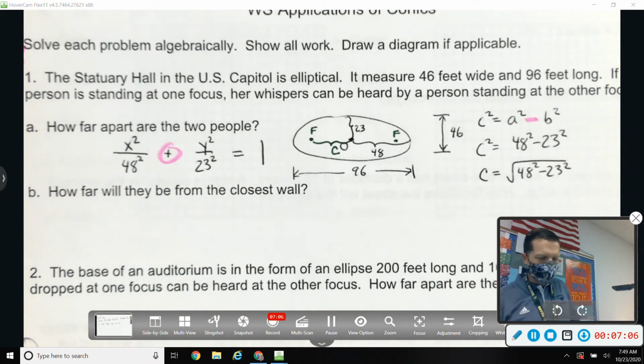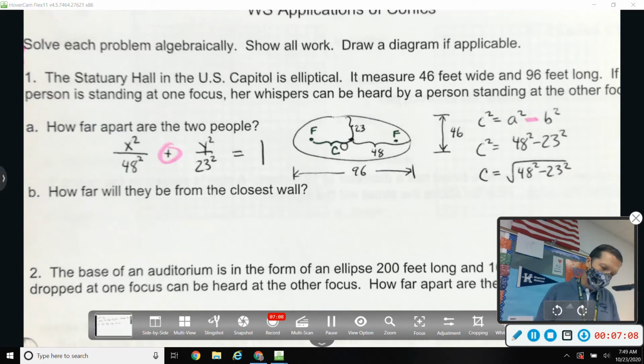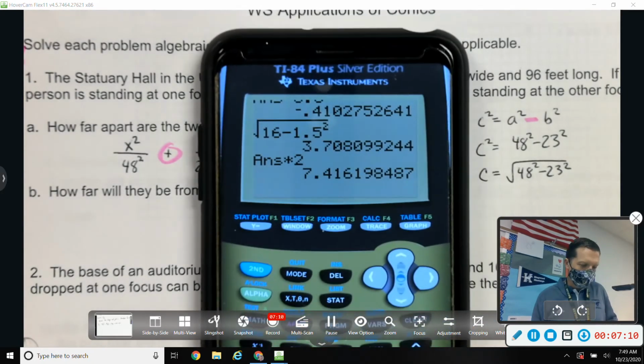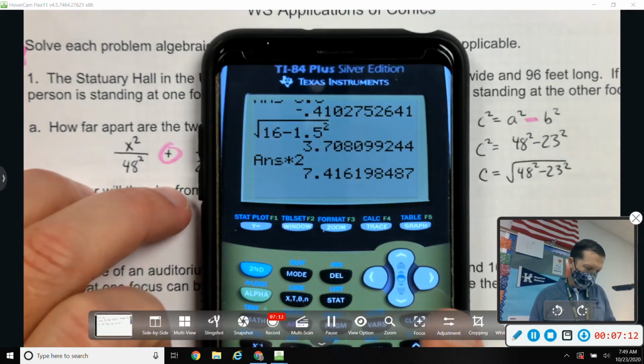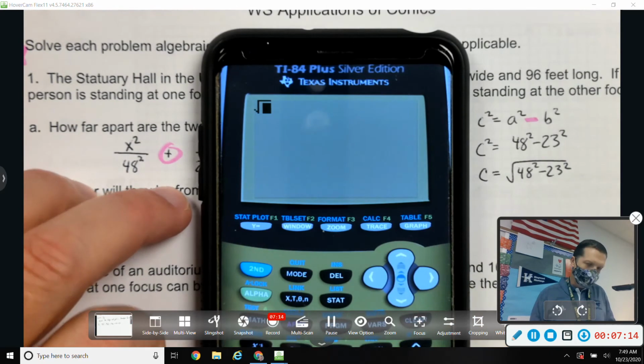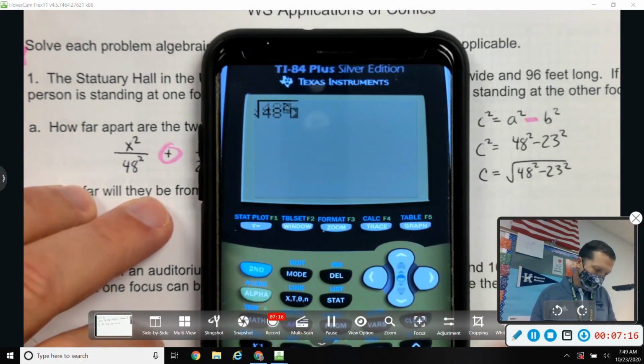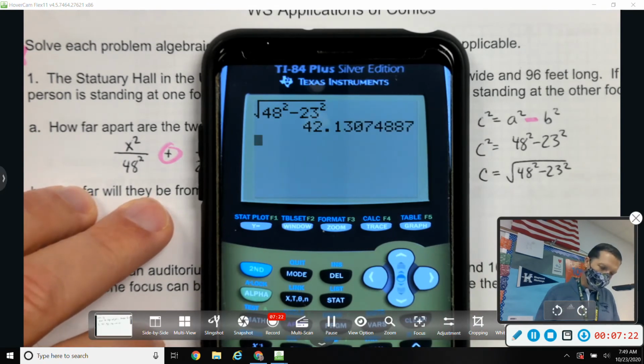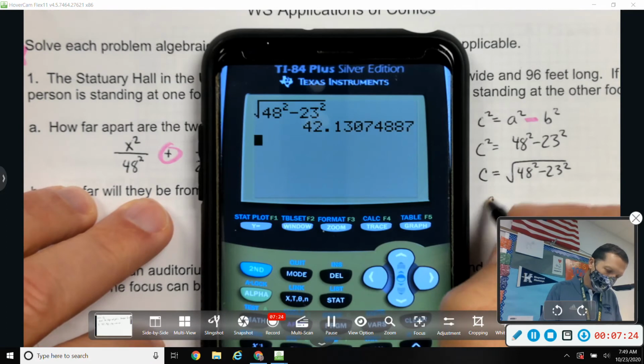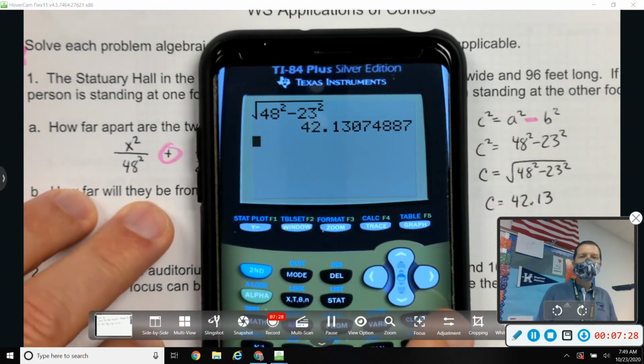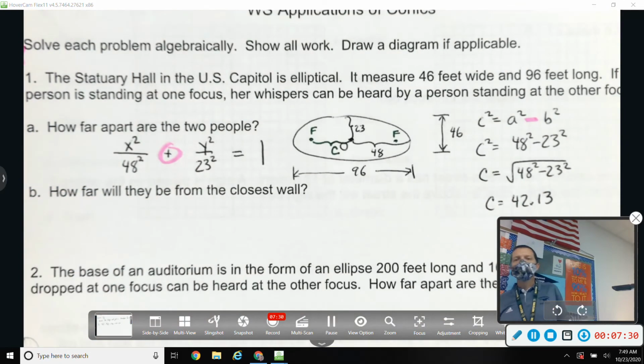So grab a calculator and just type that in because I don't want to. Square root, 48 squared minus 23 squared. Let's round to 2 decimals.